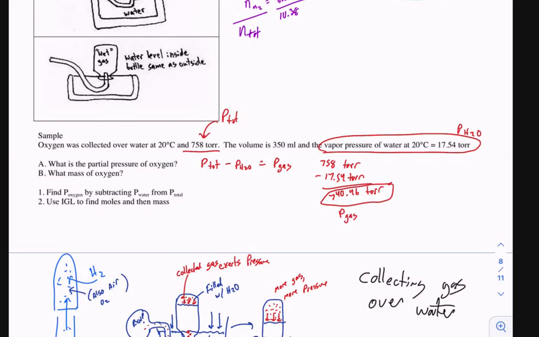All right, so now we can answer the question. We want to find the moles and then the mass. Okay, so ideal gas law. Rearrange it to solve for moles. Make sure we have correct units, so I need to convert my torrs into atmospheres.